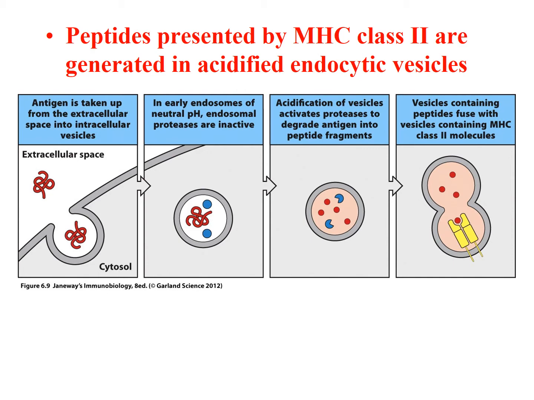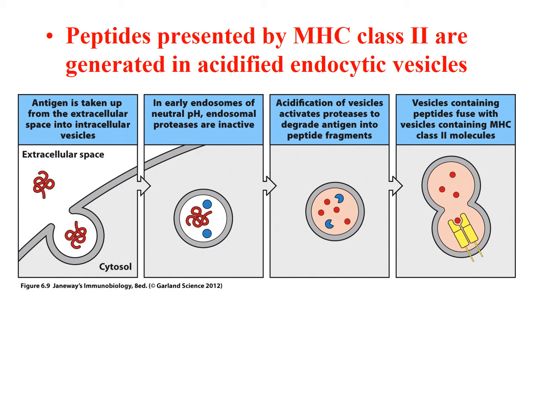This phagolysosome, or an endolysosome, depending upon which textbooks you read, will then fuse with some other vesicles. These vesicles that are from the ER will have MHC class 2 already in them.